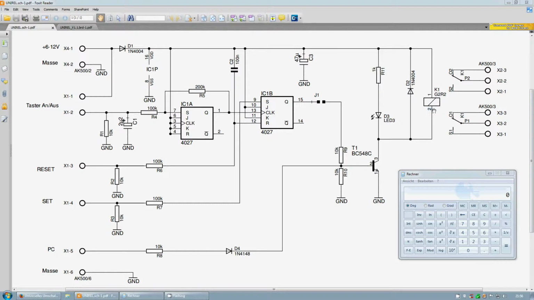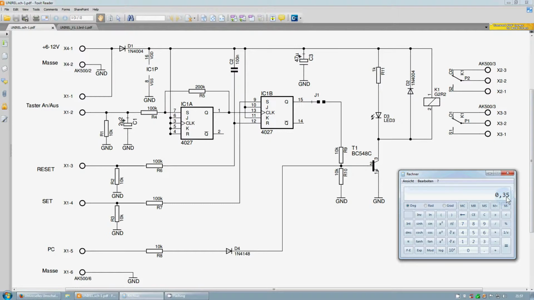So 70 milliamps of relay current divided by a current amplification of 200 gives us 0.35 milliamps base current necessary to switch the transistor on, which is of course also 350 microamps.